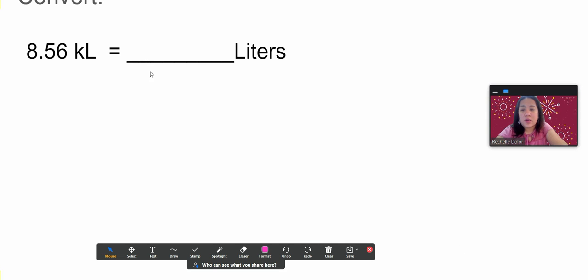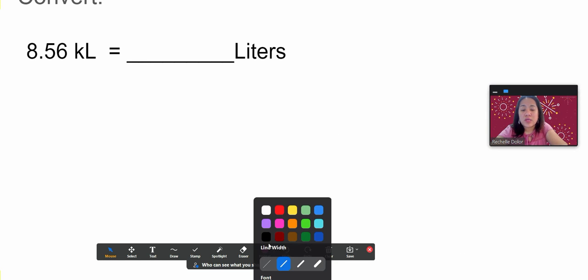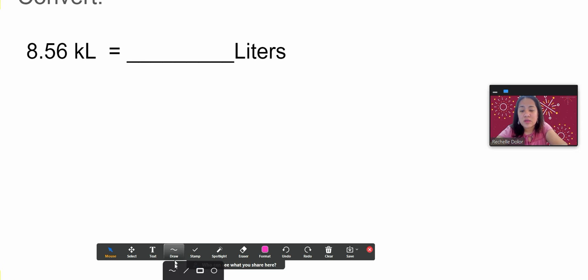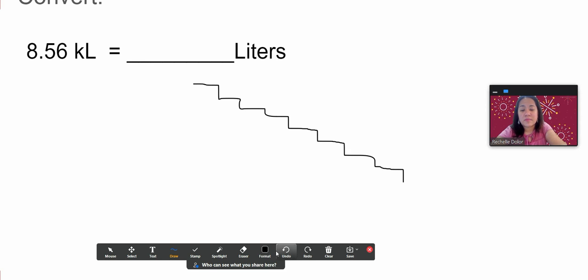Alright, so kiloliters to deciliters, right? So let's draw it. So 1, 2, 3, 4, 5, 6, 7, 8. So kangaroo helps dingo because dingo can't multiply.